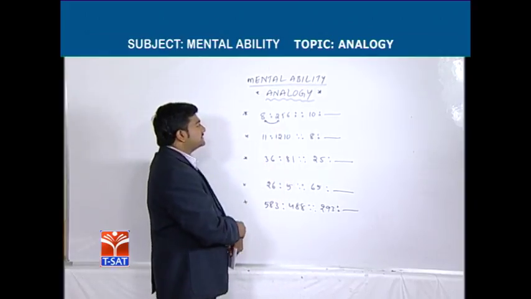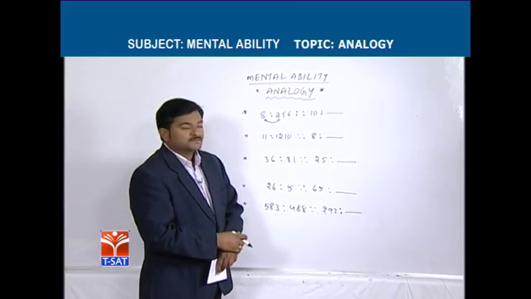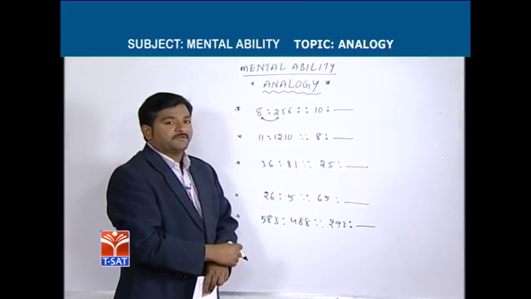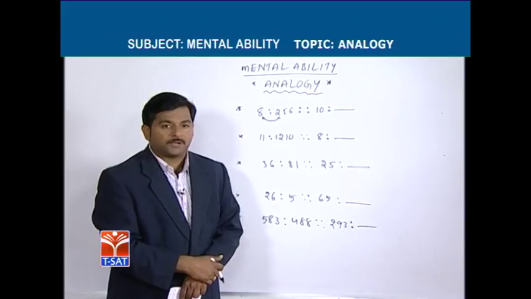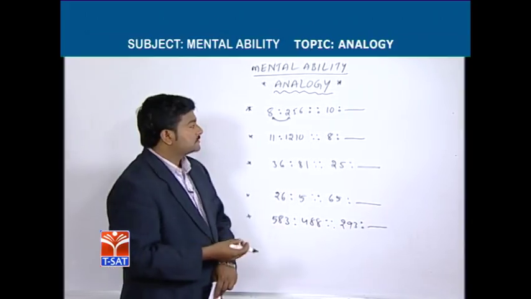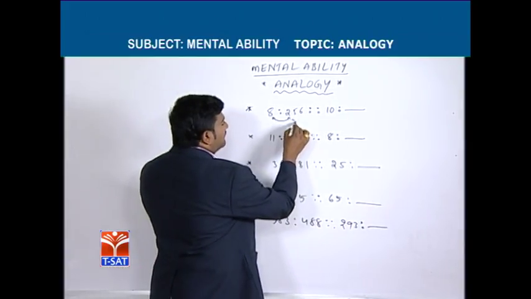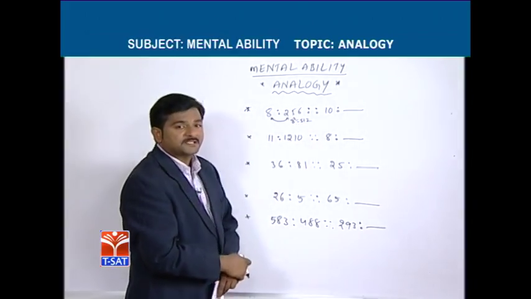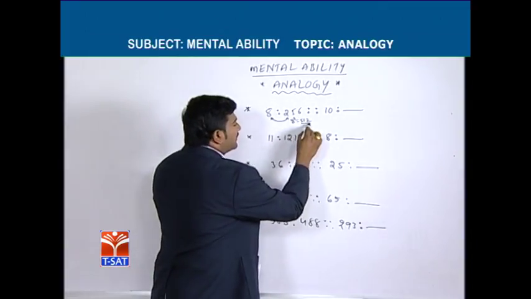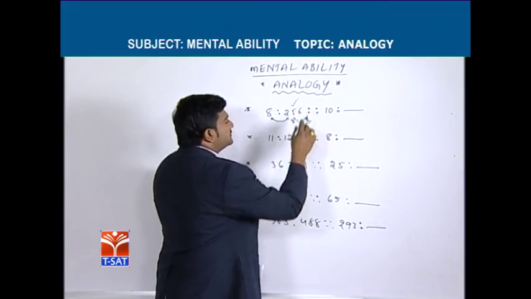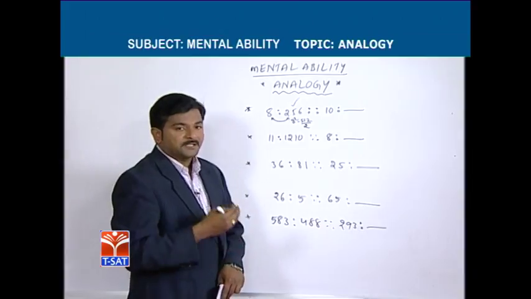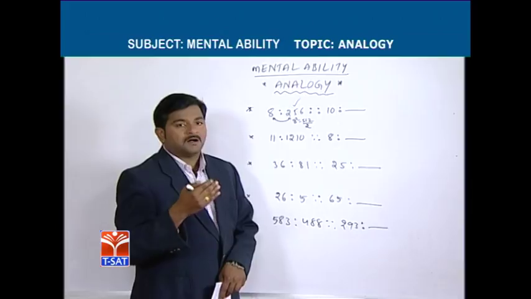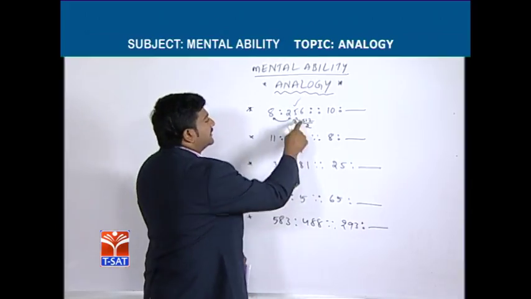To identify the relationship between these two numbers, you must be aware of the cube value of 8. 8 cube is how much? 512. Everybody knows 8 cube is 512, but what is given? 256 is given. So indirectly, half of 512 is again 256.